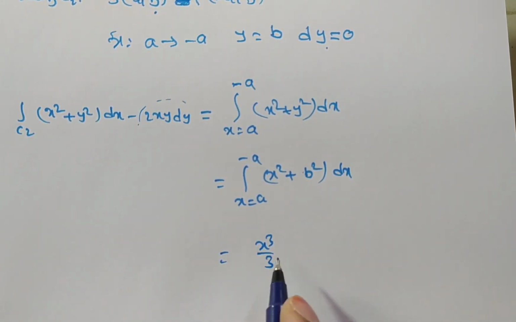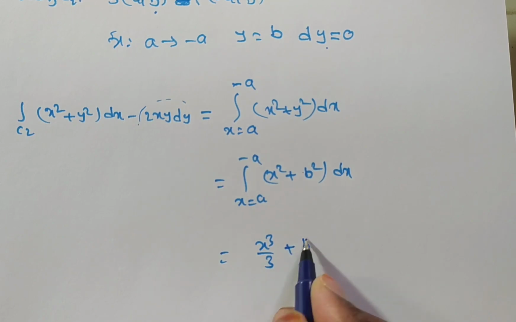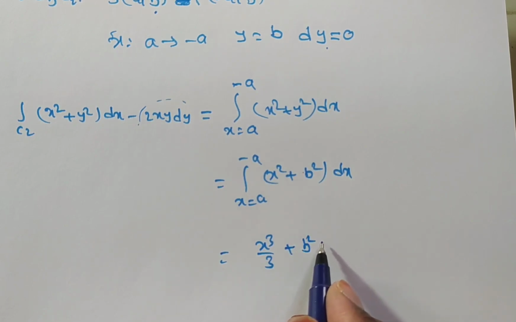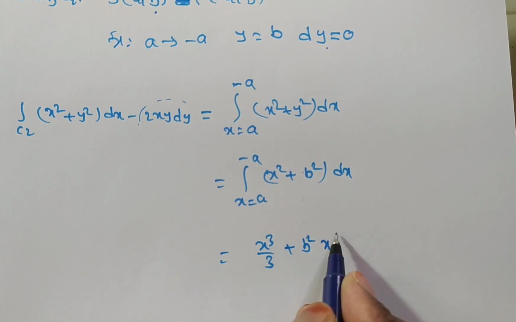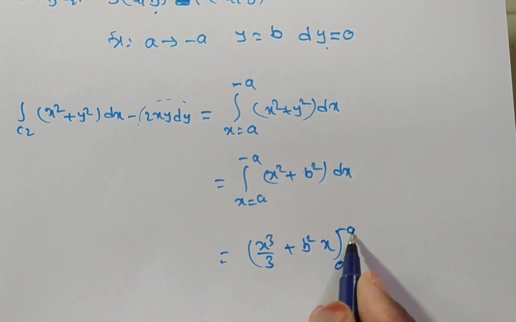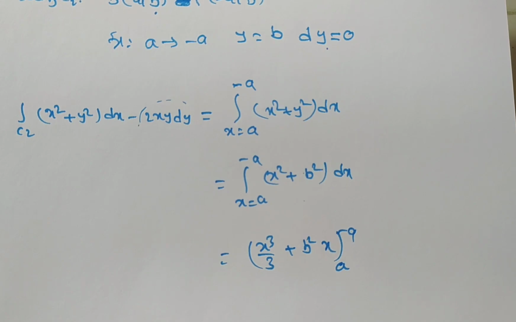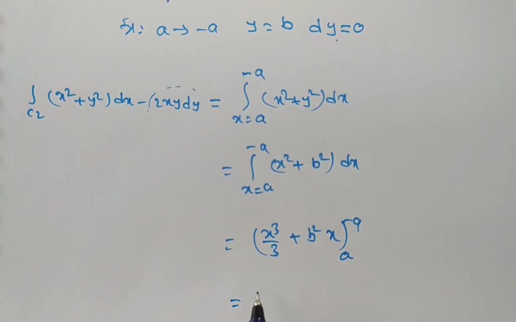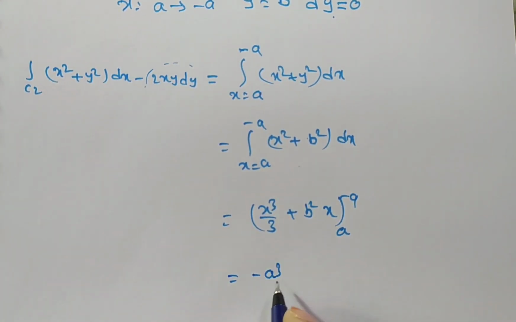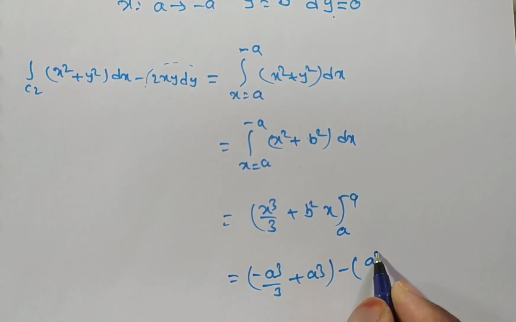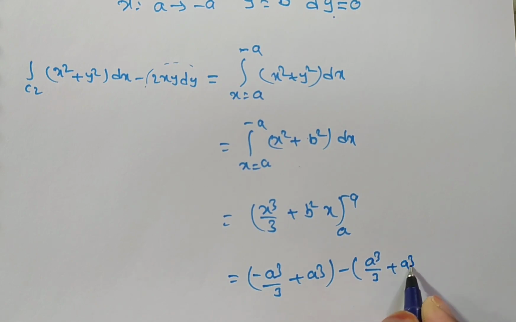You will have x cube by 3 plus b square into 1, b square is a constant. Now the x integration, integration of 1 with respect to x is x. Limits from a to minus a. Now substitute the upper limit, then you will have minus a cube by 3 plus a cube. Next minus the lower limit, a cube by 3 plus a cube.